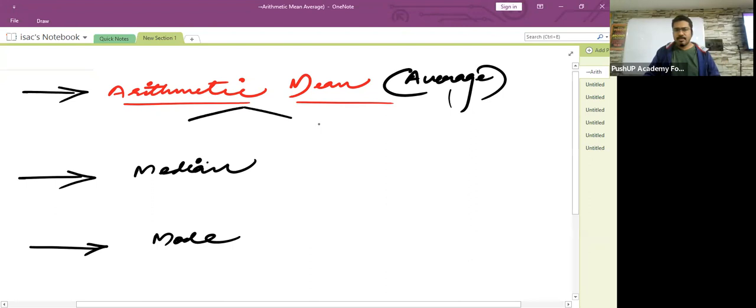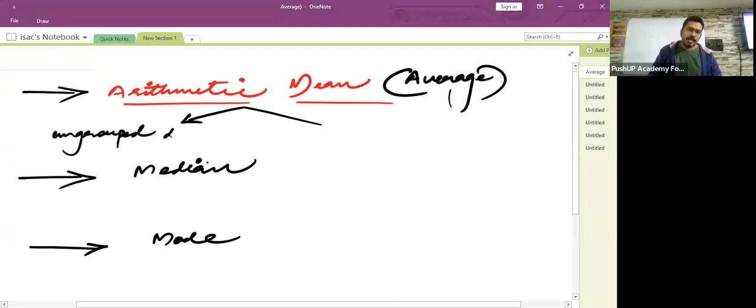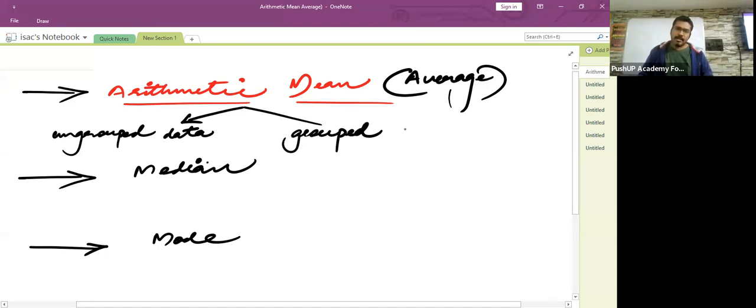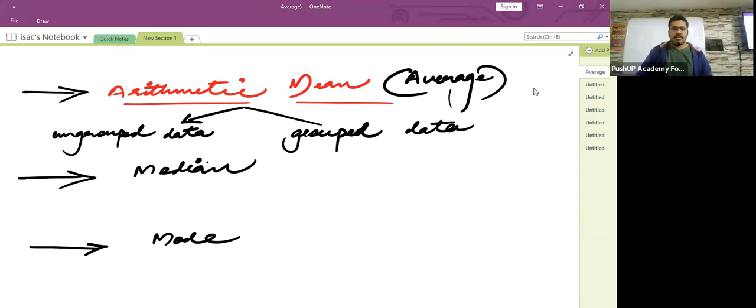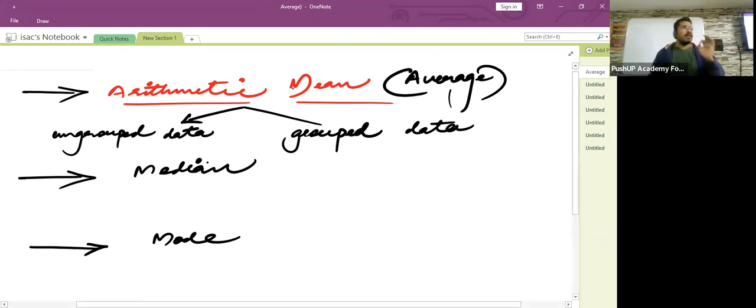One is finding the arithmetic mean for ungrouped data, and the second one is finding the arithmetic mean for grouped data. Note it down. You have to deal with finding arithmetic mean for ungrouped data and also for grouped data.